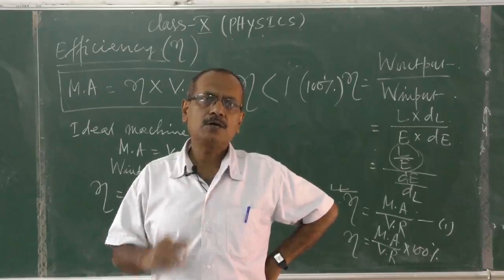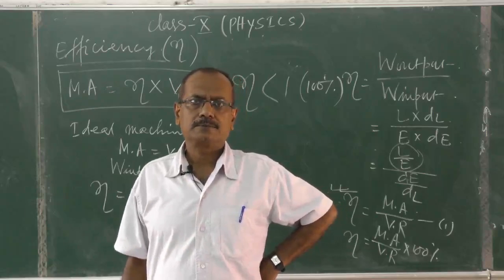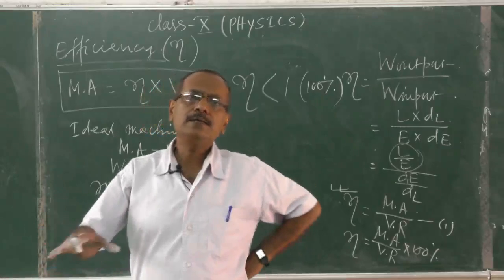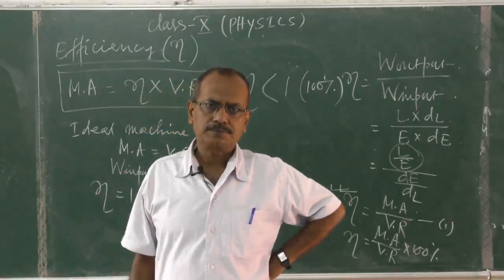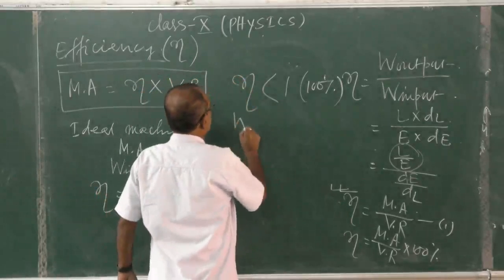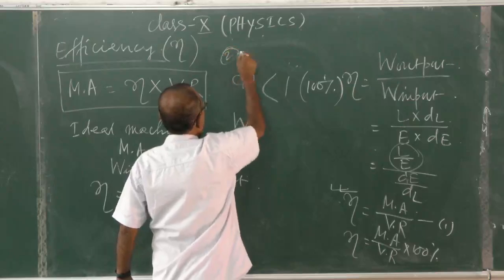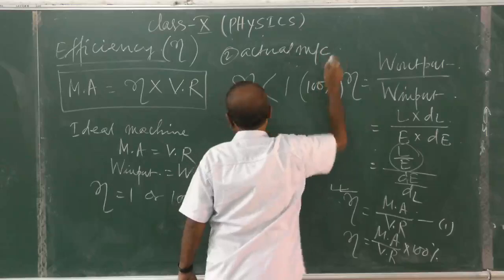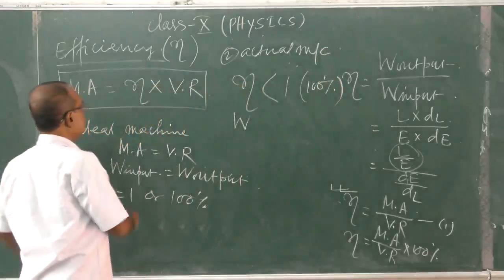There is some loss of energy. So therefore, however much input we are giving, we are getting less output. This is for the actual machine. This is for the ideal machine.